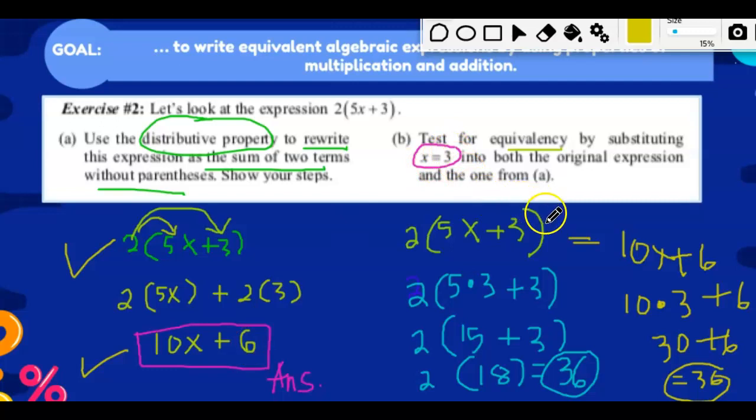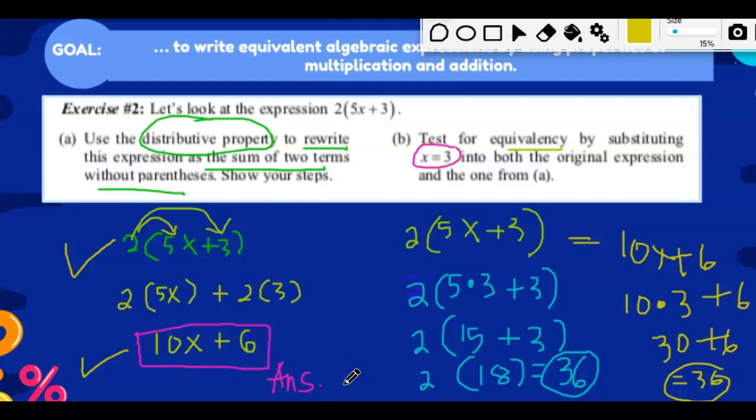So we prove that by substituting in the first term, the original, and we got 36. And then we also prove that by substituting the value in the second term, and we got 36. So using this first expression and the last expression, we were able to create 36. So that's why we could say, okay, 2 times (5x plus 3) is equivalent to 10x plus 6.